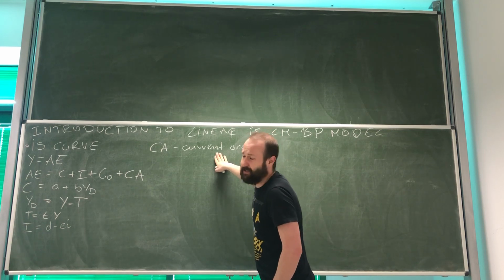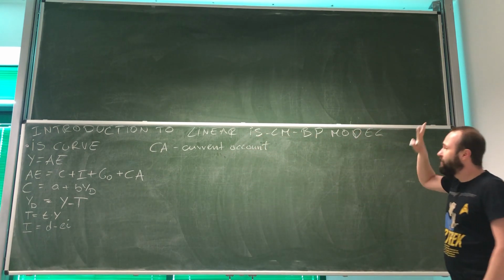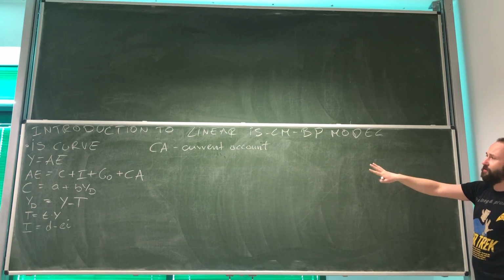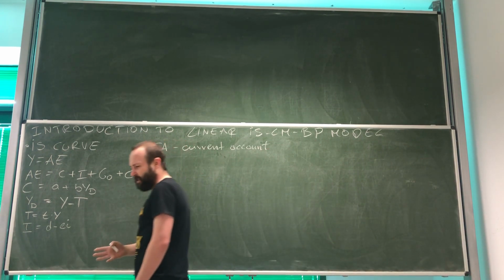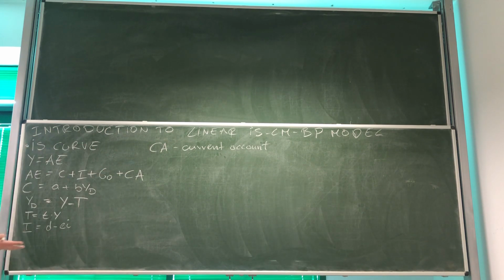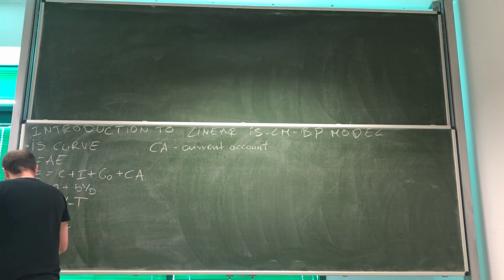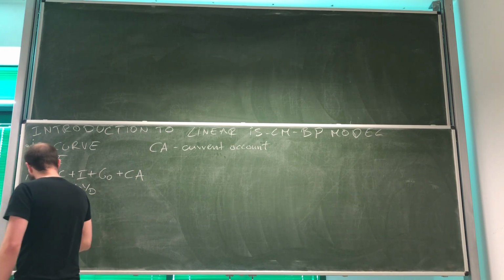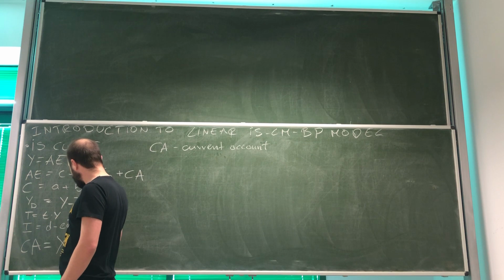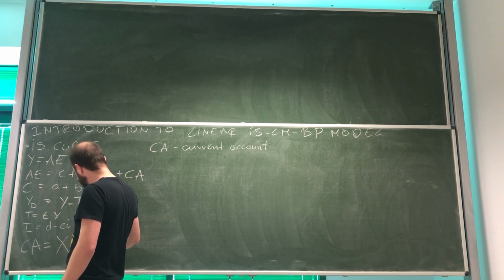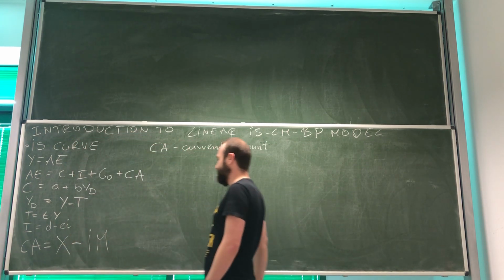Because trade balance is generally dominating the current account, we're going to assume that our current account is actually just a trade balance, which will not make a lot of issues for us. So, what is this current account? Well, current account is simply the difference between exports and imports. So it's still a trade balance.